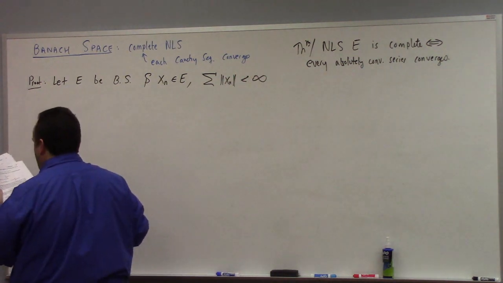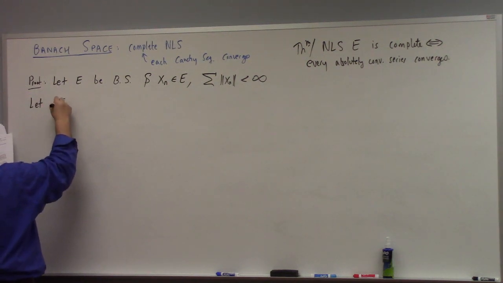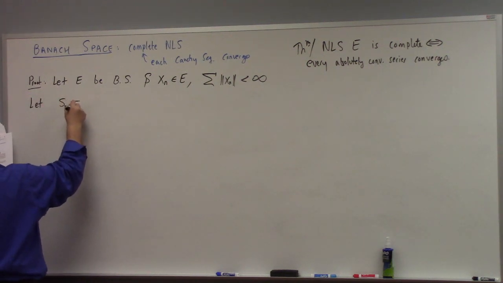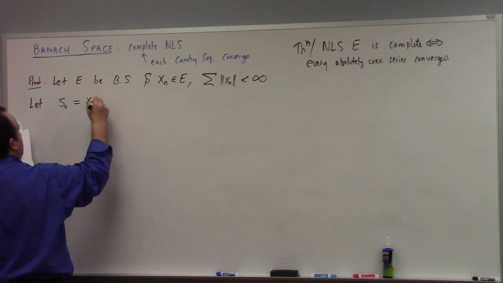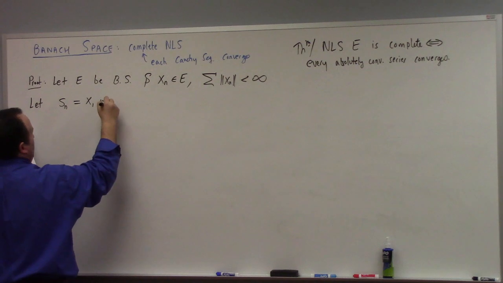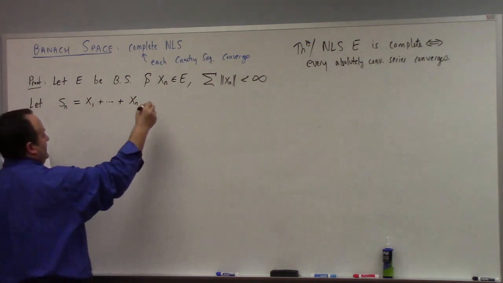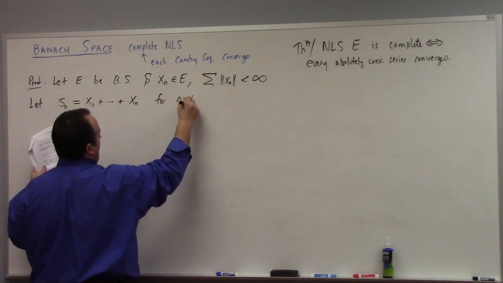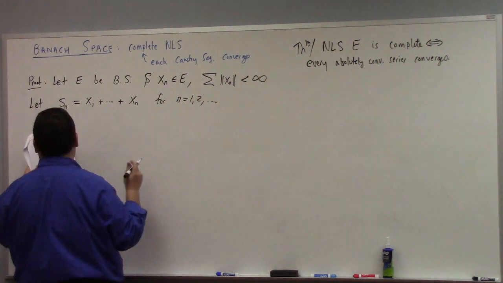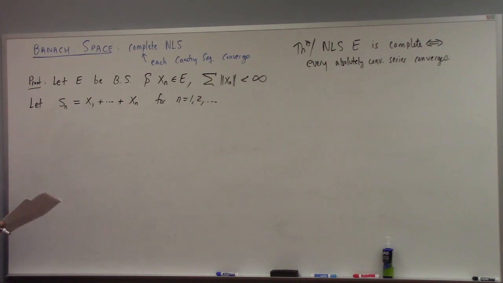Let S_n be the nth partial sum of this, x_1 plus dot dot dot plus x_n, for n equals 1, 2, and so forth. We need to show that this is a Cauchy sequence.